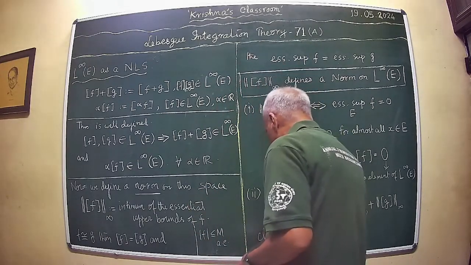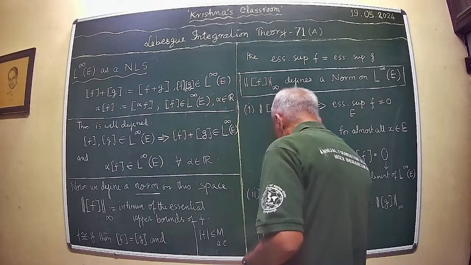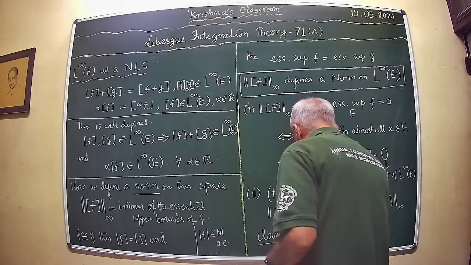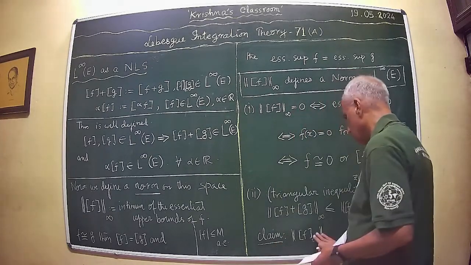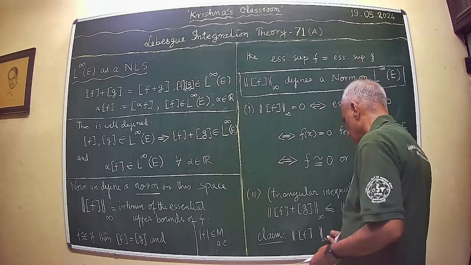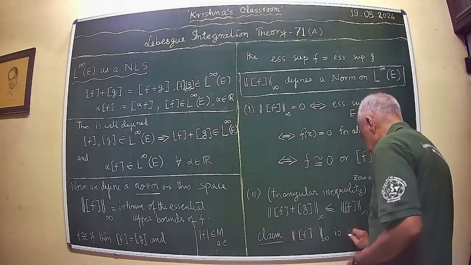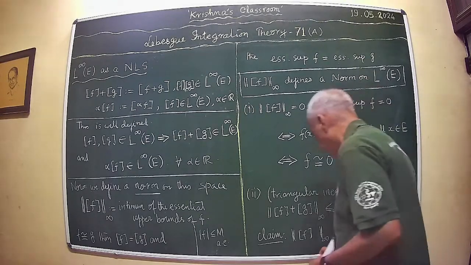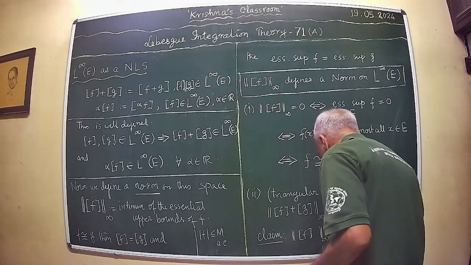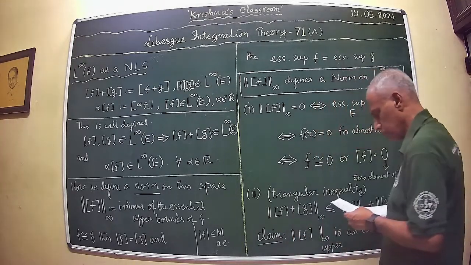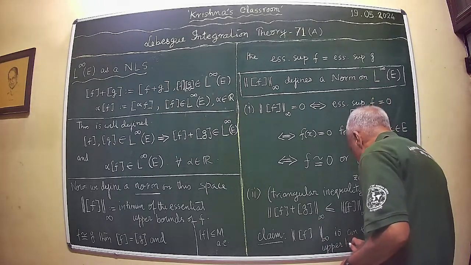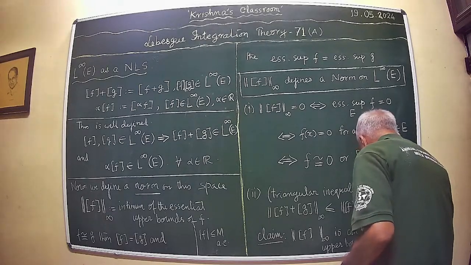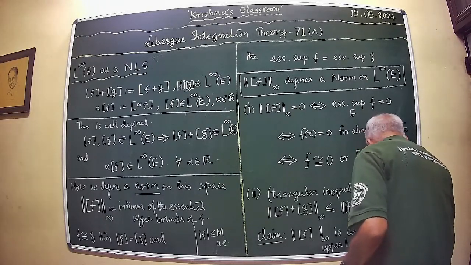Now we claim that this is an essential upper bound for F. That's a claim.